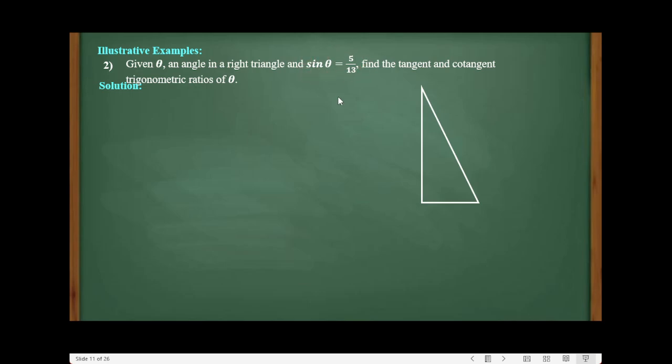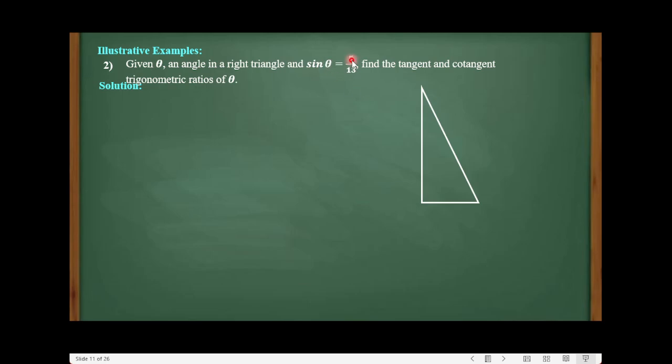As we all know, the definition of sine of an angle is equal to the ratio of the opposite leg of this particular angle over the hypotenuse. So if this is your right triangle, the longest side can be labeled as 13 because based on this trigonometric ratio, 5 is the leg opposite to angle theta.